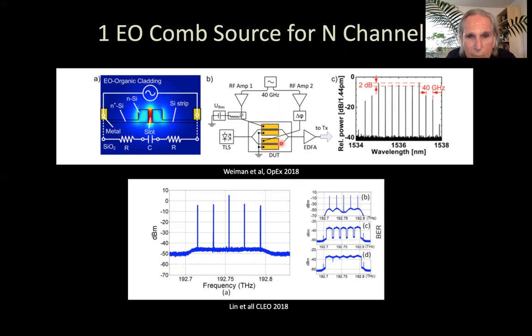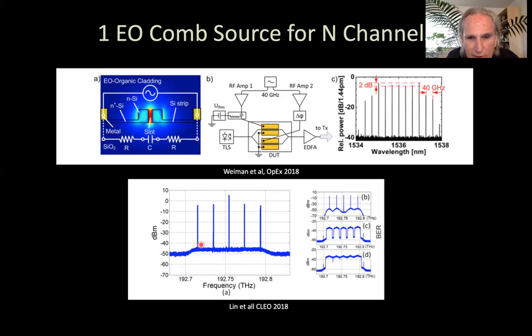And what they do over here then is they have a 40 gigahertz generator, and they're able to generate these lines spaced by 40 gigahertz using one DFB source over here. These things in German take me a minute. All the initials are in German.